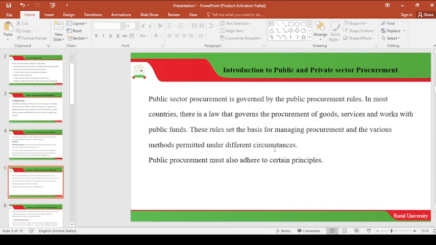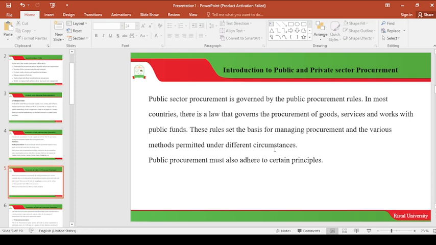Public sector procurement is governed by the public procurement rules. In most countries, there is a law that governs the procurement of goods, services, and works with public funds. These rules set the basis for managing procurement and the various methods permitted under different circumstances.